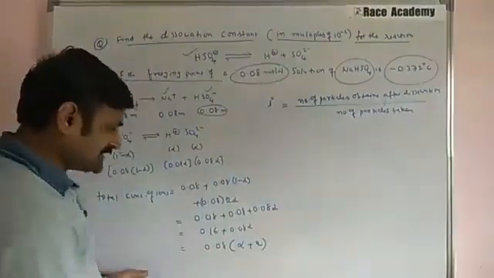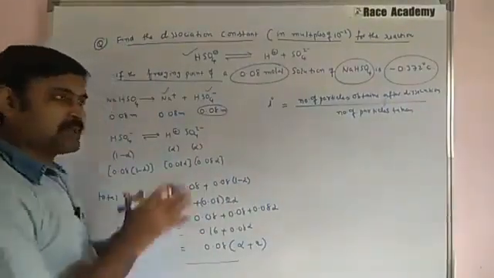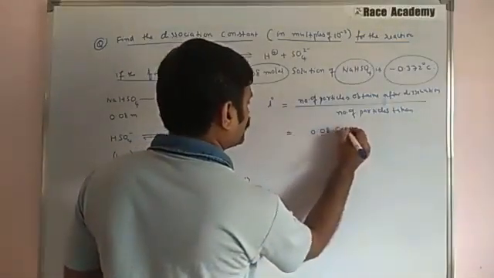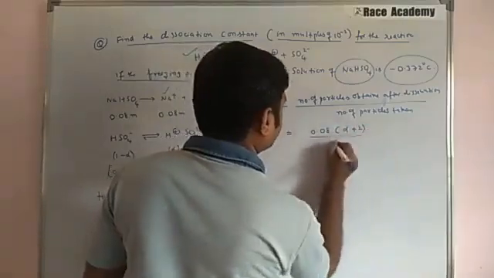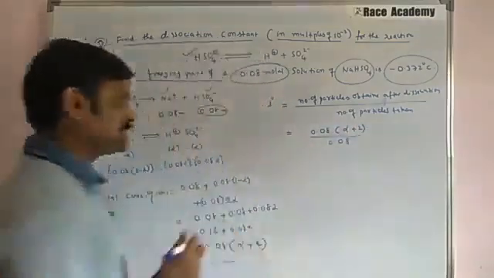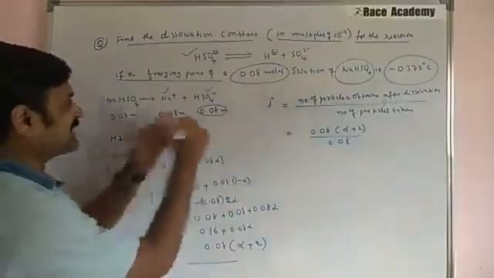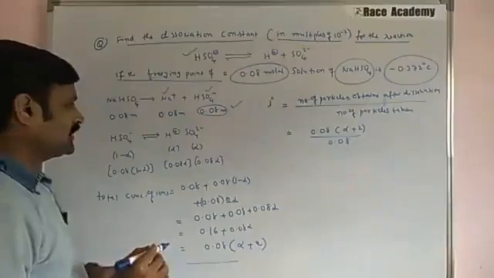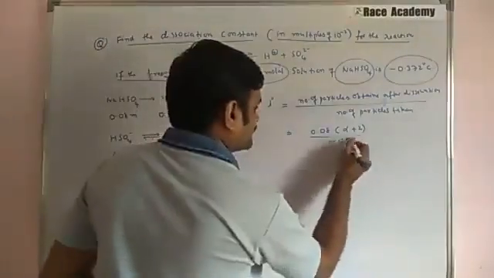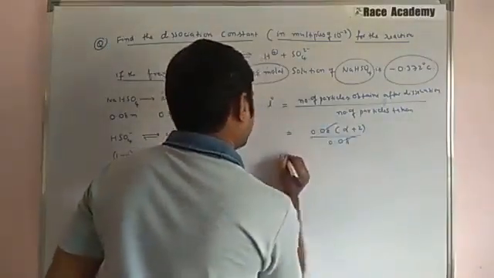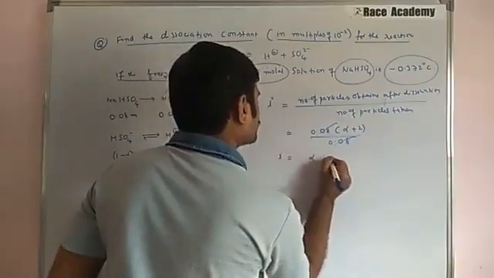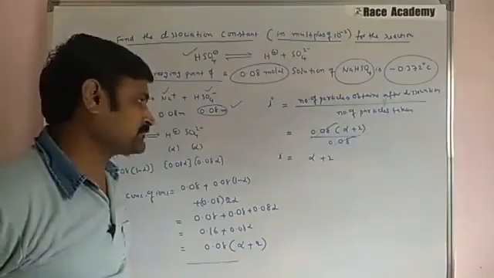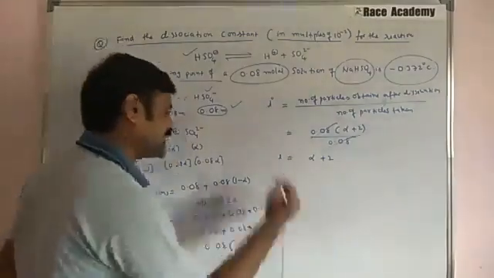So we have got this value for the number of particles present in the solution, that is 0.08 into alpha plus 2, divided by 0.08. 0.08 is the number of particles taken initially. If you cancel 0.08 and 0.08, you will get I value equals alpha plus 2 only. Now we can start understanding the further discussion.